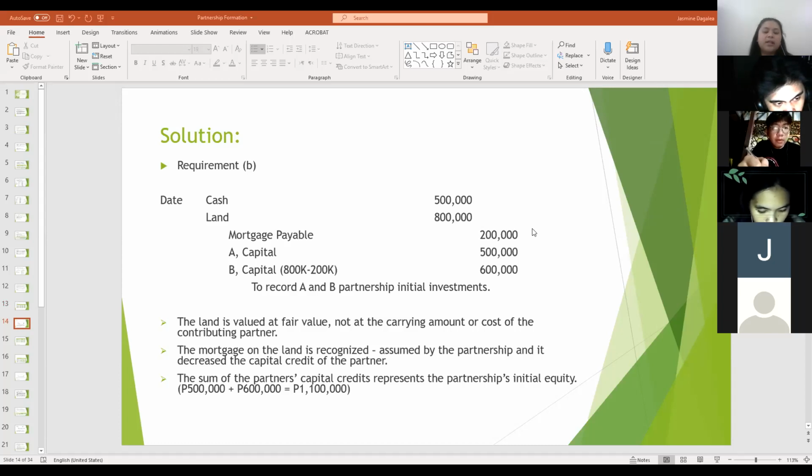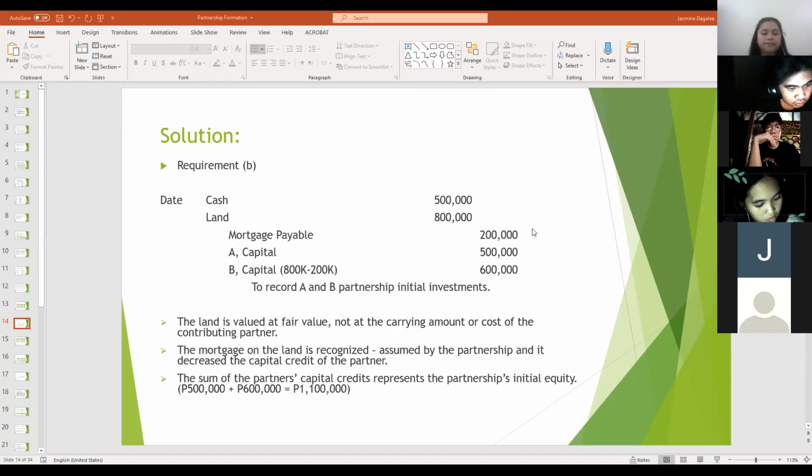So, notes. The land is valued at fair value, not the carrying amount or cost of the contributing partner. The mortgage on the land is recognized because it is assumed by the partnership and it decreased the capital credit to the partner. And the sum of the partner's capital credits represents the partnership's initial equity.